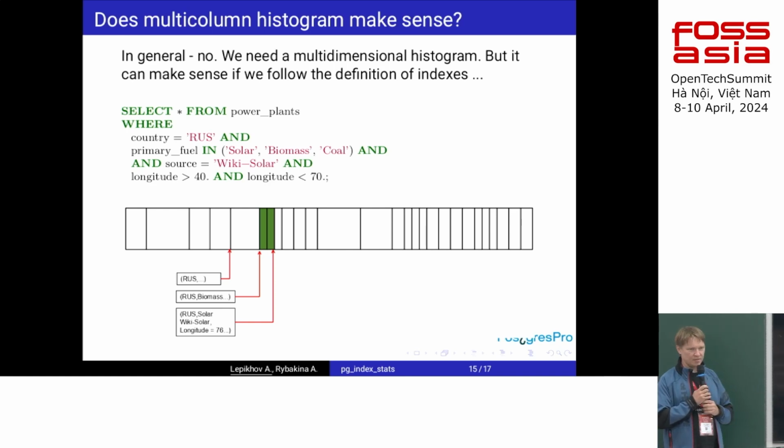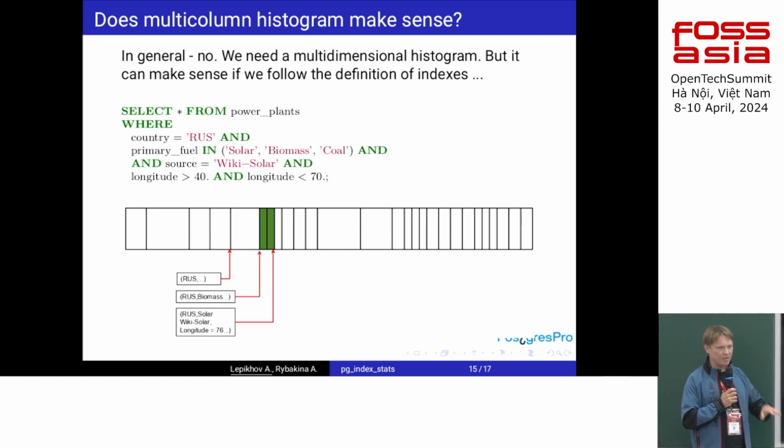But in our case, we base our solution on indexes. We know which columns will be used in queries we need to estimate, and in which order. It's more important, in which order. So in this case, we can use histograms which are already implemented in Postgres core.